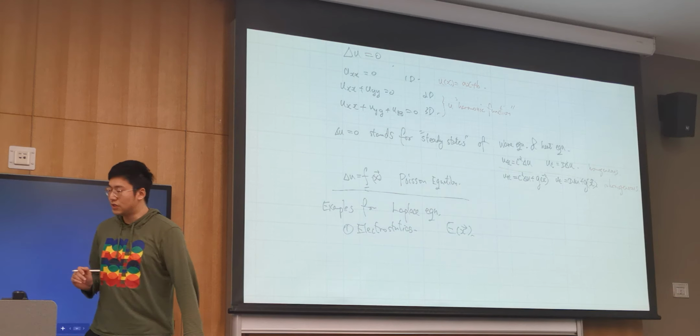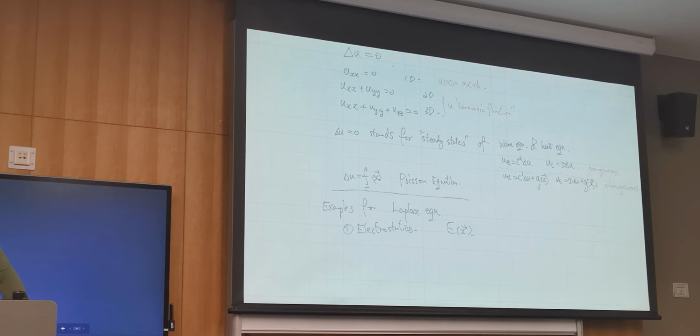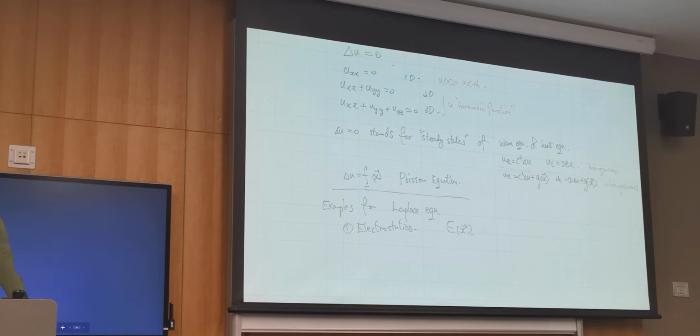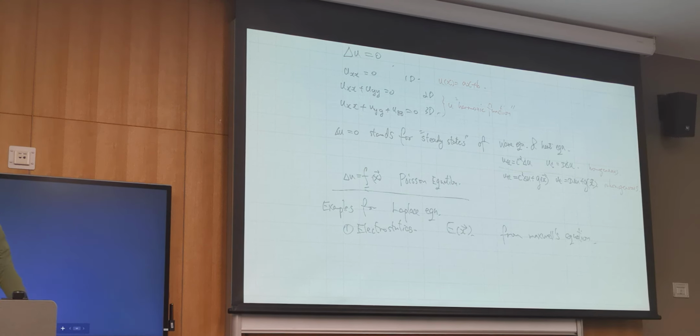And from Maxwell's equations, we have that the curl of E equals 0, and the divergence of E equals 4 pi rho, where rho is the charge density.